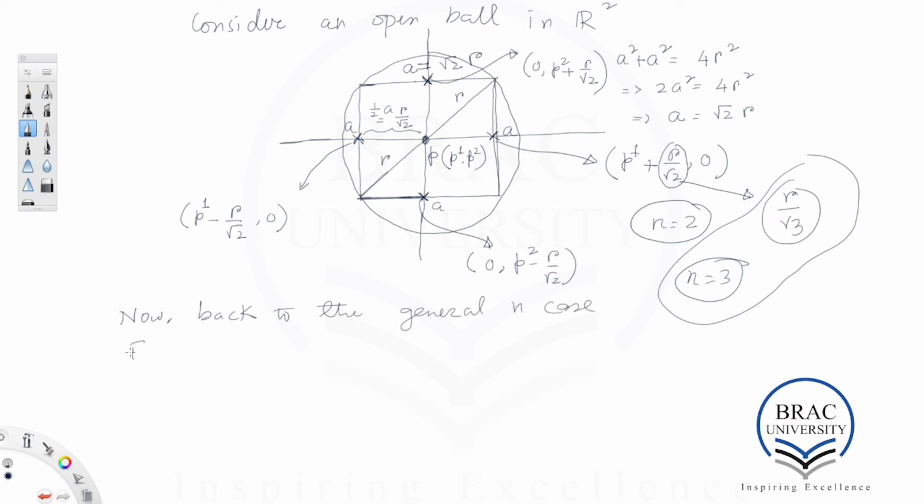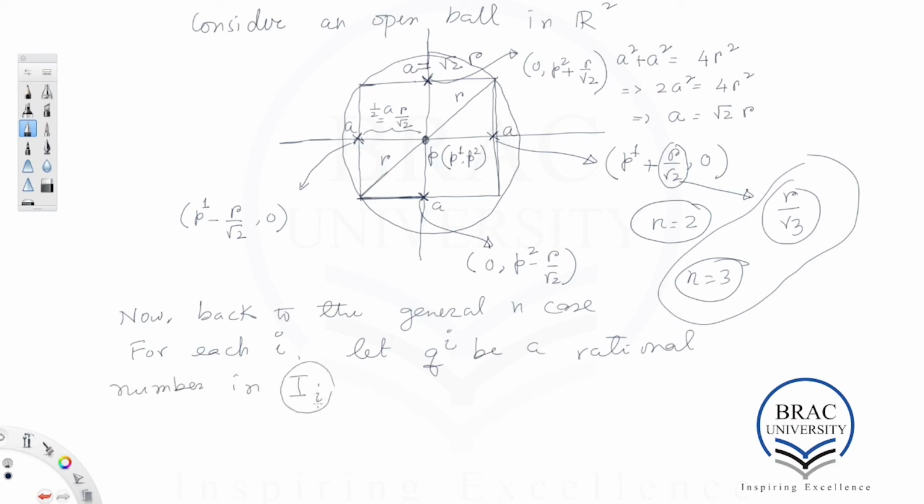For each i, let qi be a rational number in Ii. Remember what Ii was?